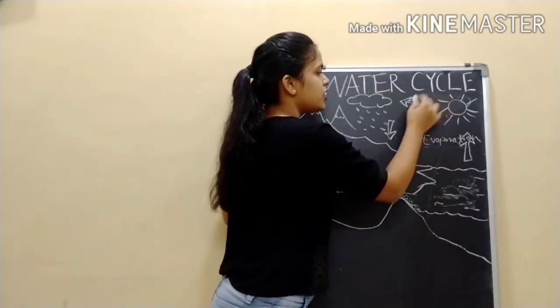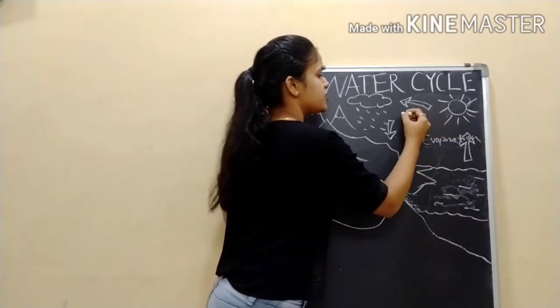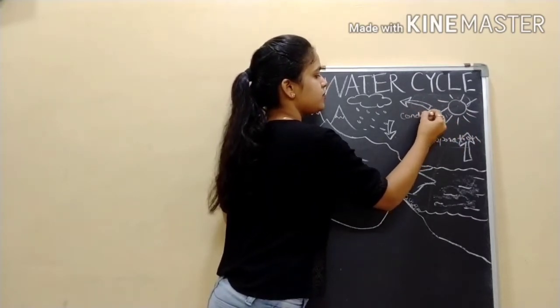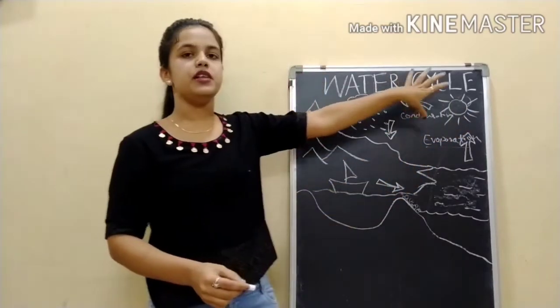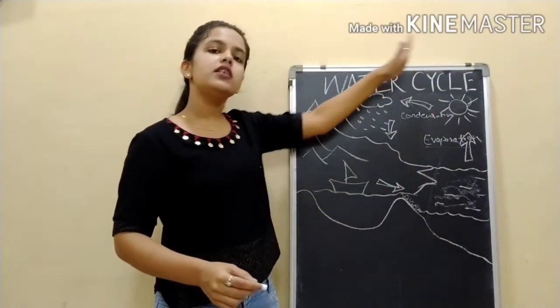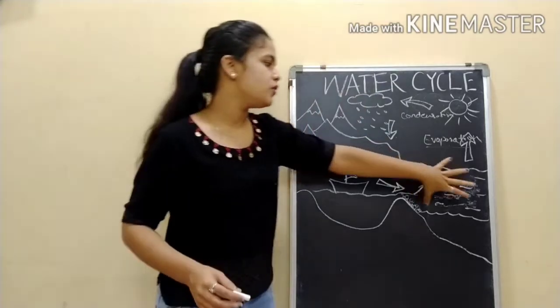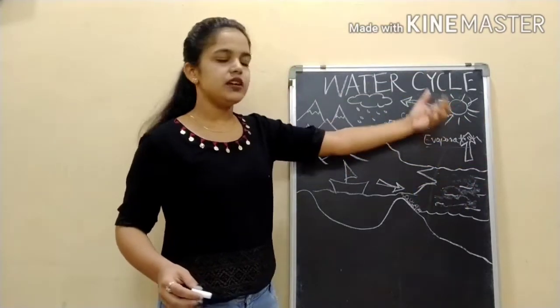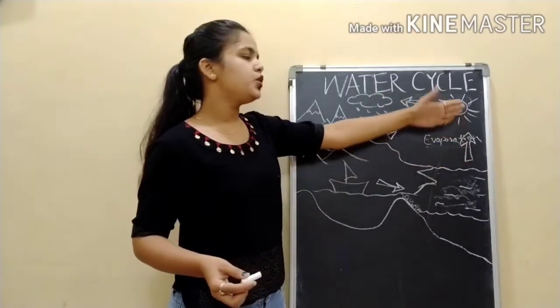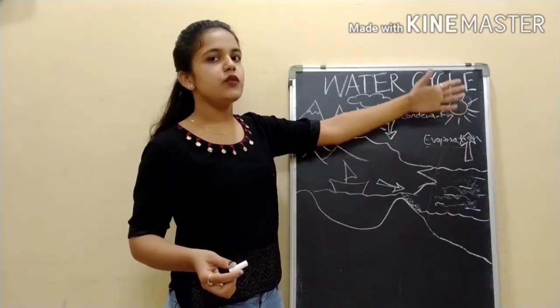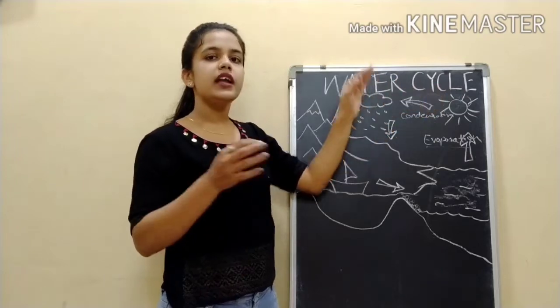So over here condensation takes place. The next process is condensation. In this process, what happens? The water vapor again turns into liquid. That means the evaporation which has taken place turns the liquid into water vapor, and the water vapor then condenses into water again.